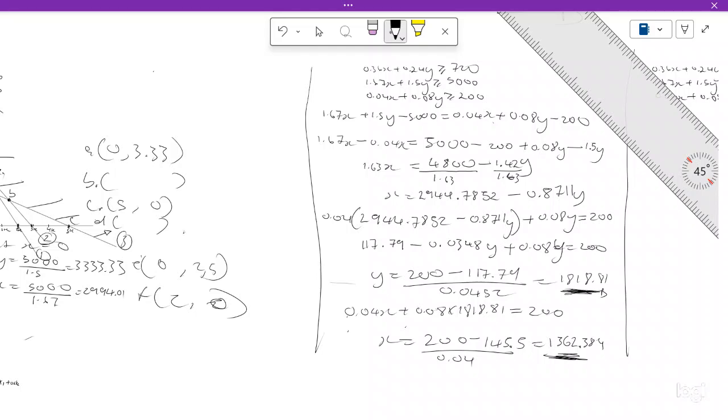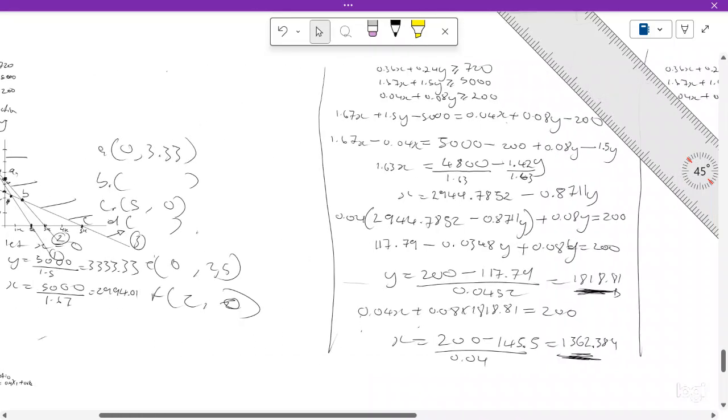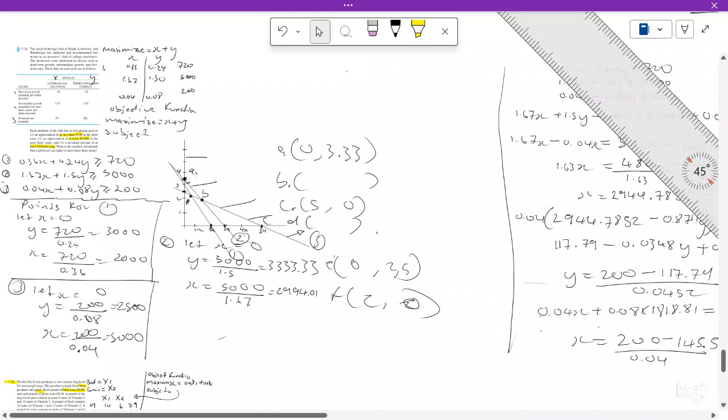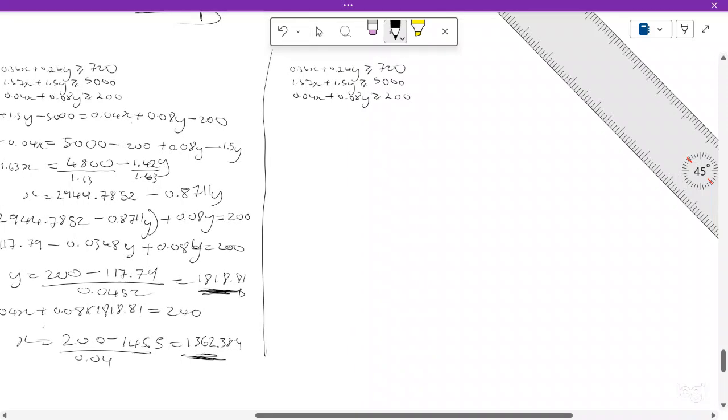If we want to minimize, it will say minimize x plus y. So the minimum one is the one.